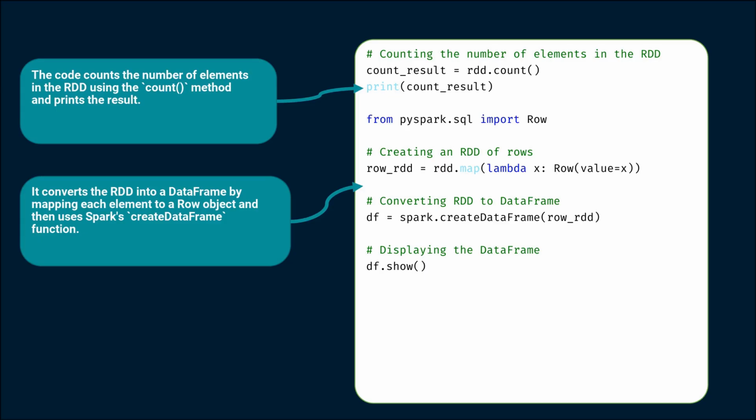Finally, we display the data frame using the show method, which allows us to visualize the structured dataset, making it easier to perform operations and analyses akin to working in a pandas data frame. This transition represents a significant leap in how we can handle and manipulate structured data within Spark.